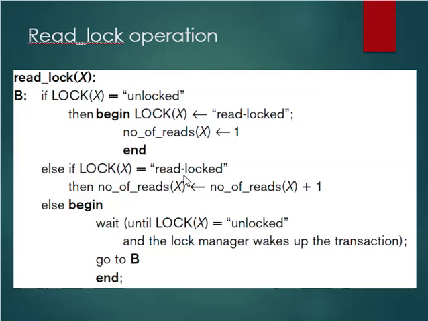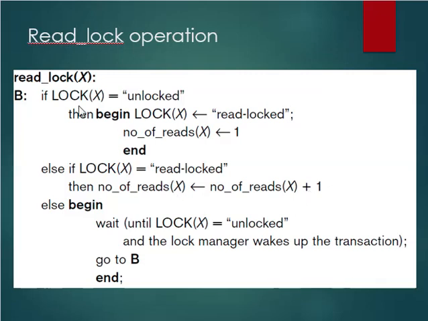Only if it has a read lock can other transactions be added into that read lock. So if lock of X is equal to read lock, then the new transaction needs to do only one operation. It has to increase the number of reads, number of reads is equal to number of reads plus 1. And it can go and read the data item.